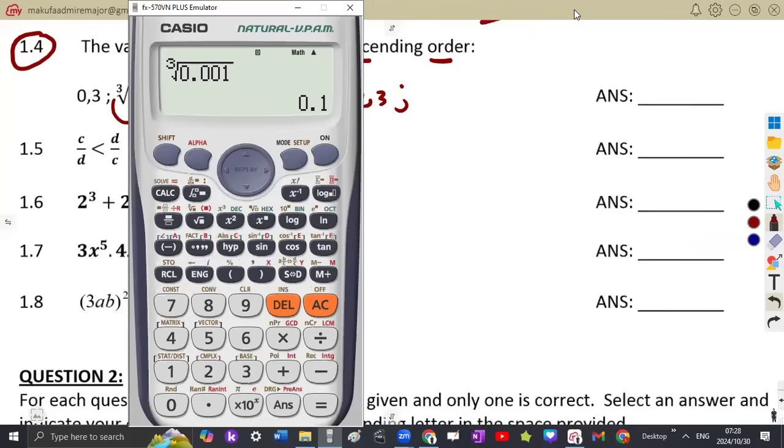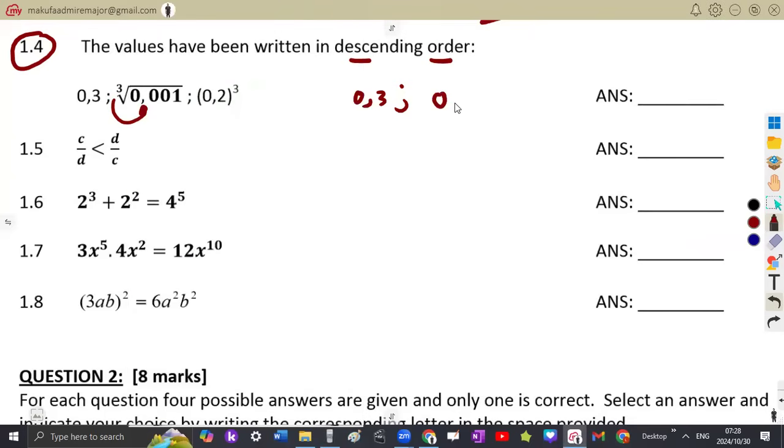So from the cube root of that one, we obtain 0.1.